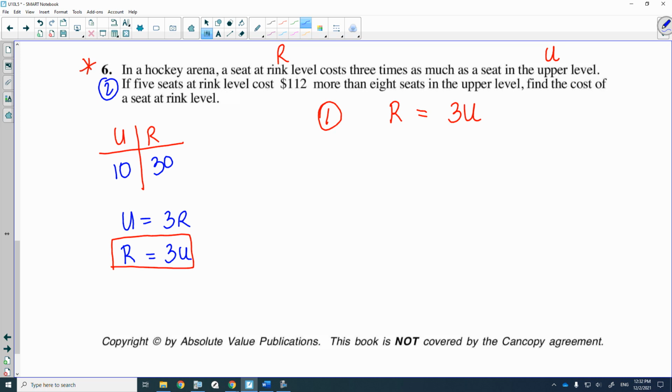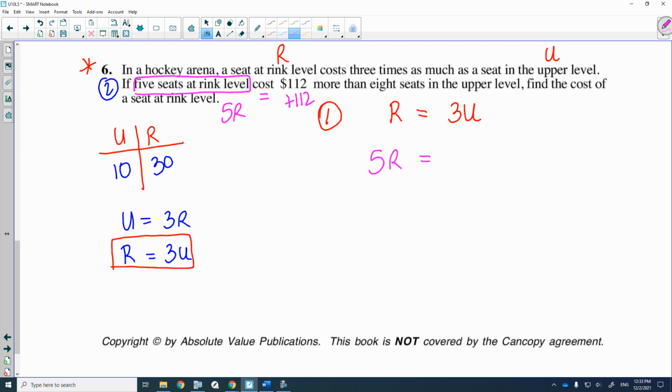5 seats at rink level would be 5R. Okay, so 5 seats at rink level cost, and remember that's what it usually is, so 5 seats at rink level is 112 more. So that's going to be plus 112.